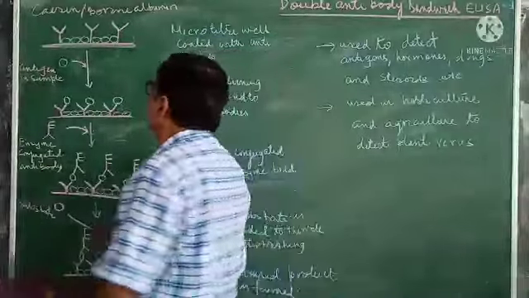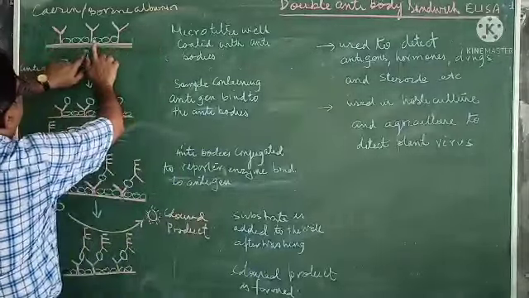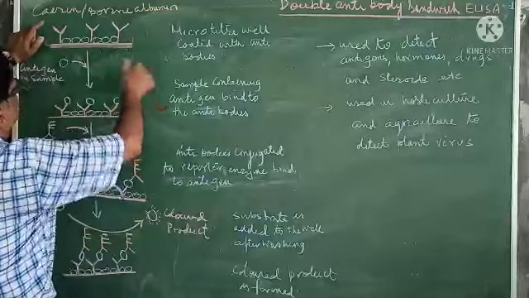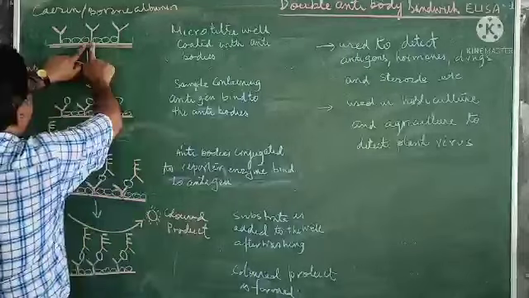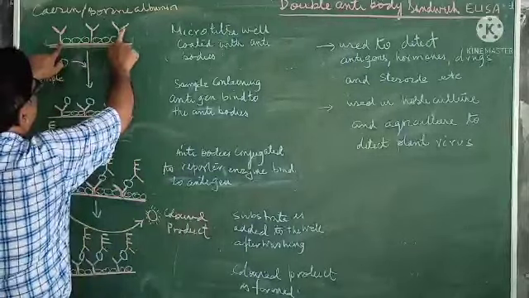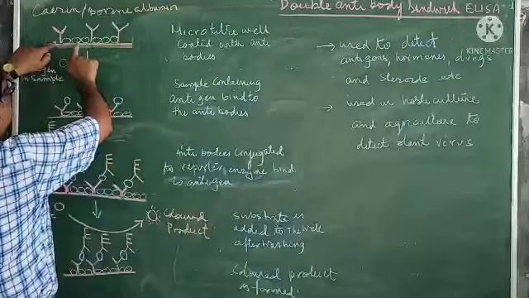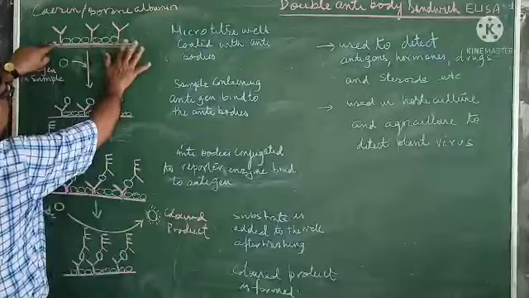So in the first case, this is the well, and these are the antibodies specific to the antigen bound to the surface. These are the points where the antibodies are bound in the microtiter well, and this is the exposed surface where the antibodies are not bound.